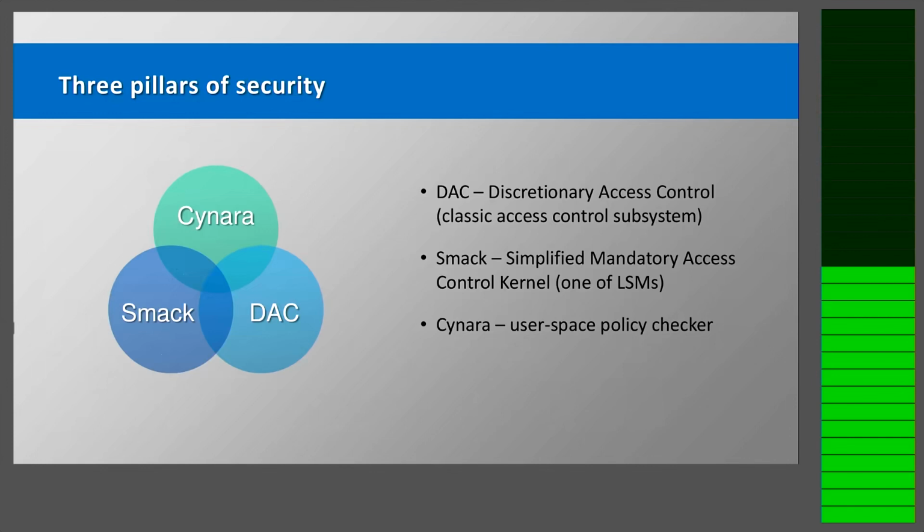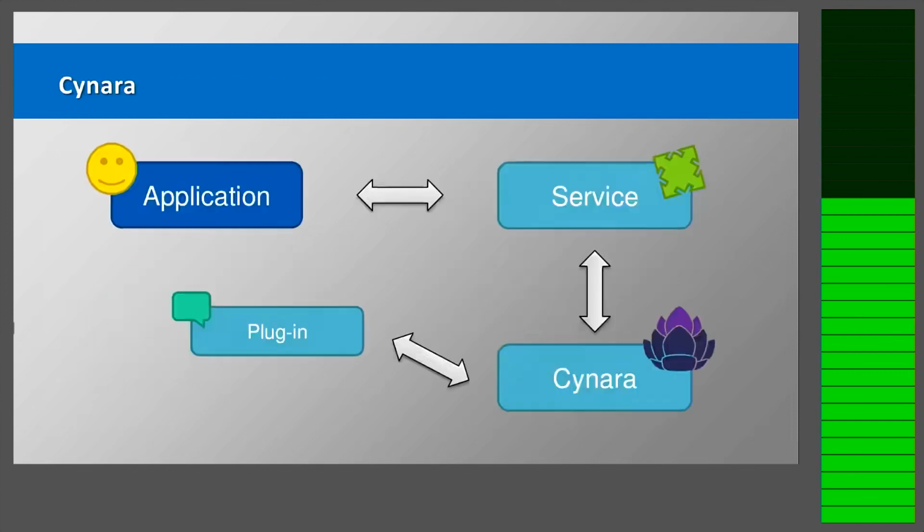I don't have time to discuss all of them or their role in this framework, but it consists of DAC, which is familiar to most of you, I think, SMACK, which is one of the LSMs. If SELinux rings more bells, then it's maybe not something similar but analogous. And Cynara, the new policy checker in user space. If you know Polkit or PolicyKit, it's something like that, but much faster and much better.